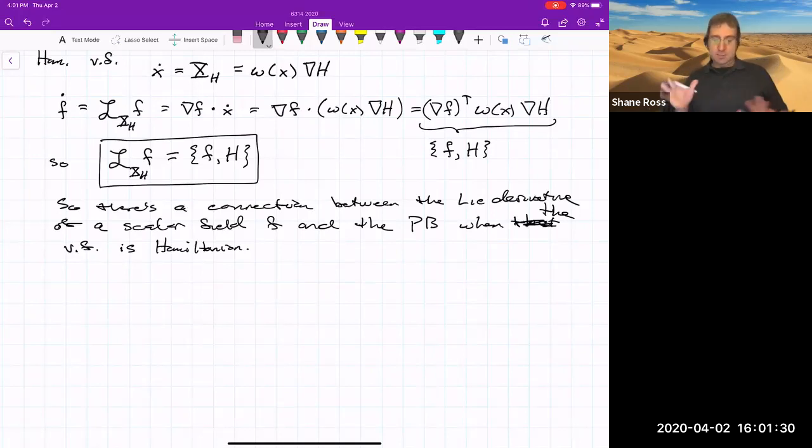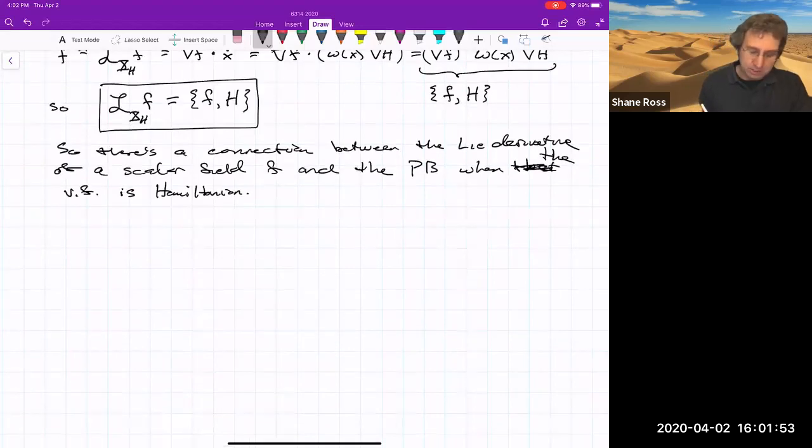You might think, okay, nothing's been gained yet. The neat thing about Lie derivatives is they're not just directional derivatives of a scalar field, which is the thing that we learned from calculus. You can take the Lie derivative of a vector field with respect to a vector field. And then things will start getting more interesting.